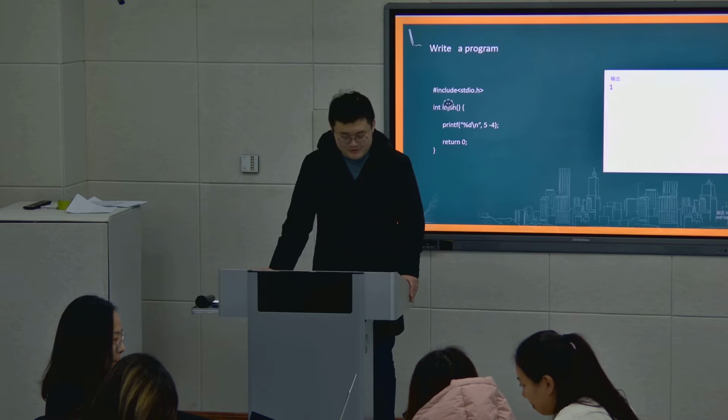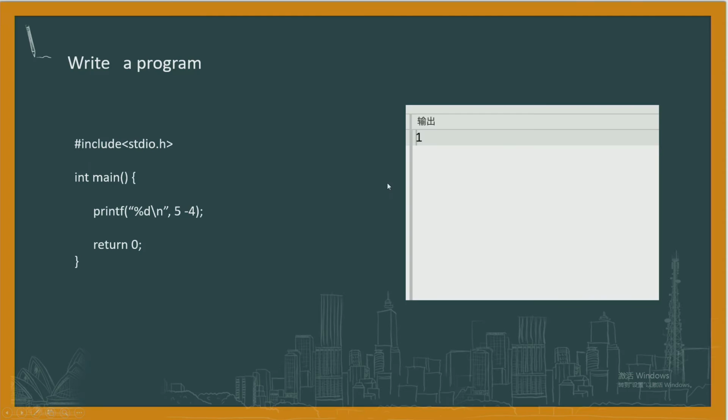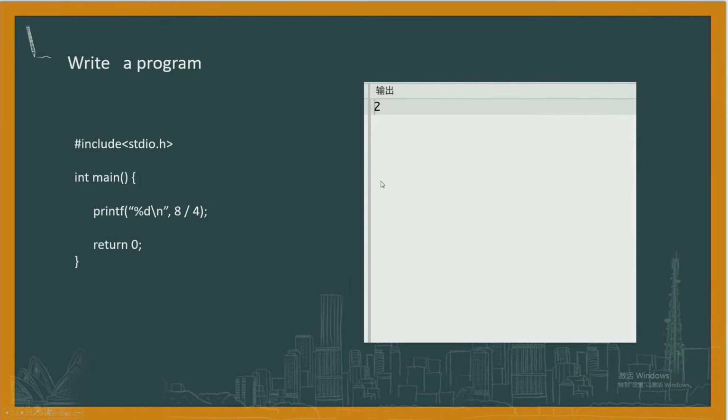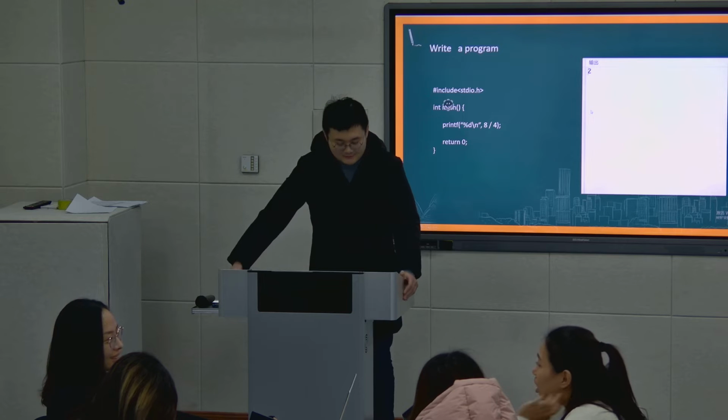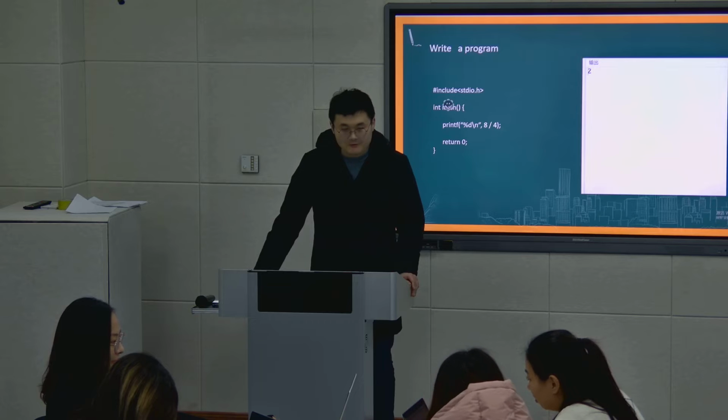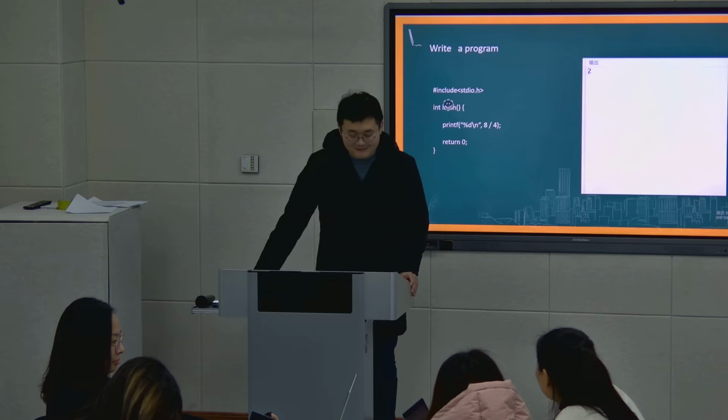This is only a small change, and you can see 5 minus 4 equals 1. Then we will start the divide and multiply. And here is 8 divided by 4 equals 2. So try it, and don't make any mistake.